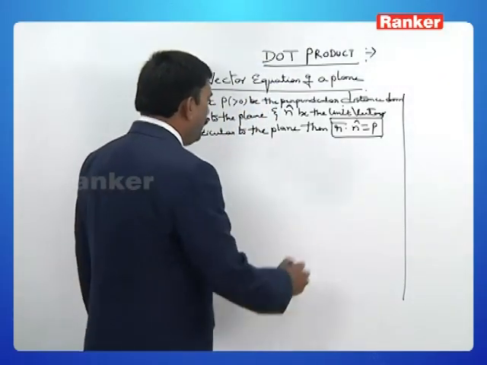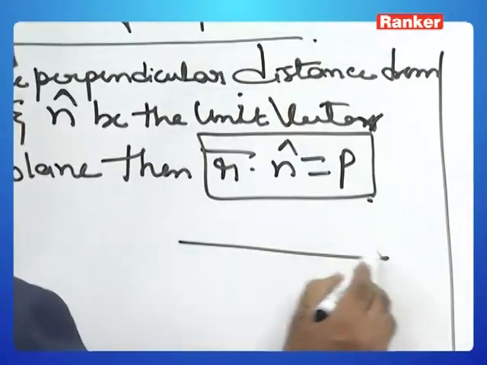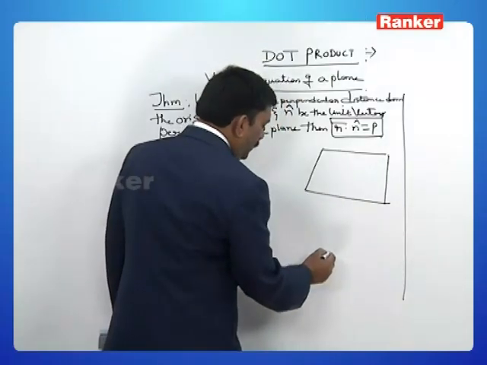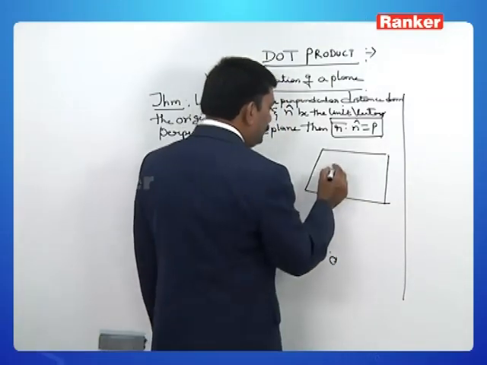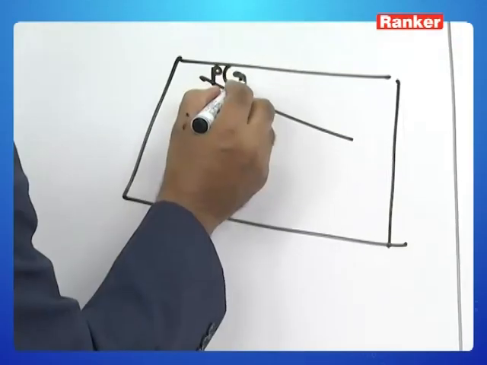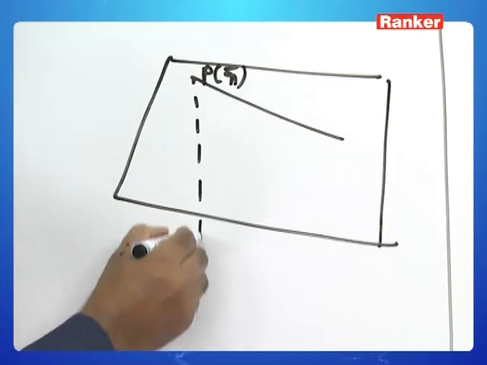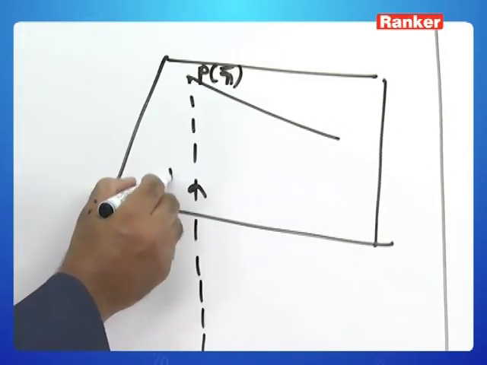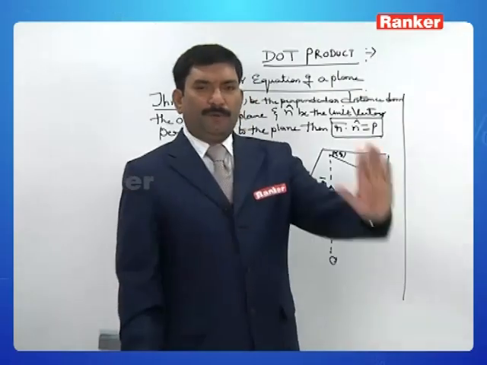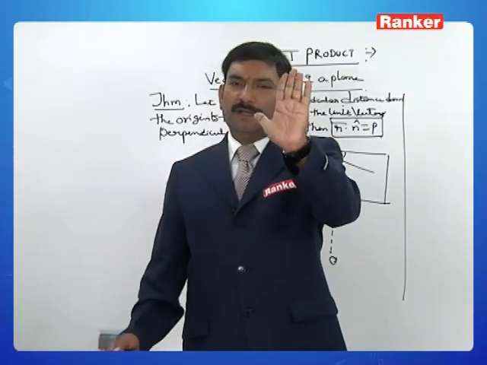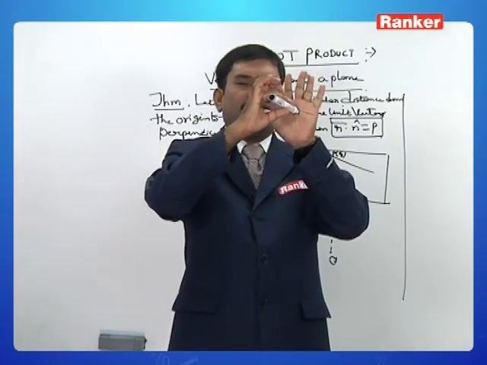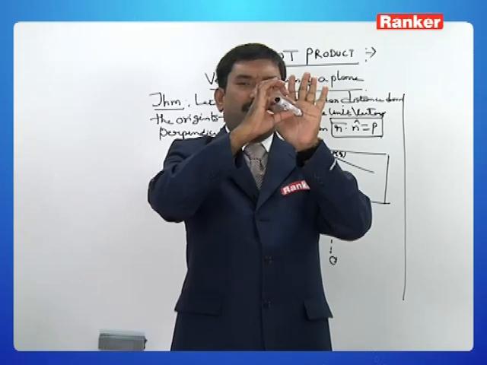So therefore, this is the plane. Now this is the origin. P is a point in the plane whose position vector is R bar. For this plane, this is the n cap, perpendicular to the plane.